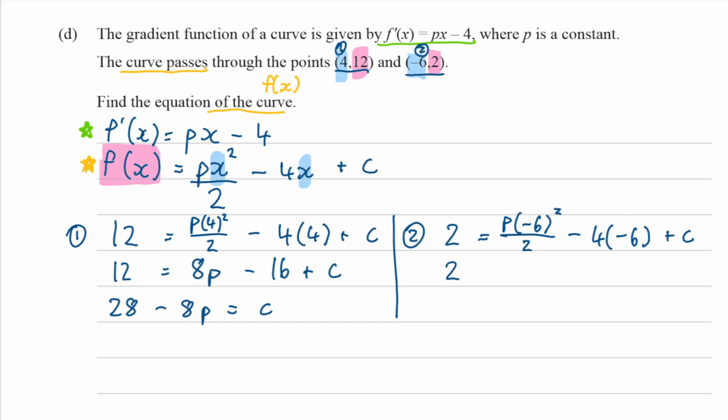Like before, let's simplify. Negative 6 squared is 36, 36 divided by 2 is 18. Minus 4 times negative 6 is positive 24. And like before, I'll take everything to the left apart from c. So subtracting 24 gives minus 22, and subtracting 18p gives minus 18p.